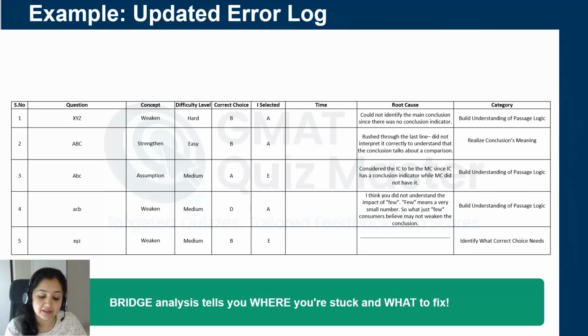There is another learning related to the meaning of few. This is something that can be directly applied on any other question that they solve. So notice, the bridge analysis does not just tell you that you are wrong. It tells you where exactly in your process you are faltering consistently, and it helps you arrive at the corrective action that will help you improve further.